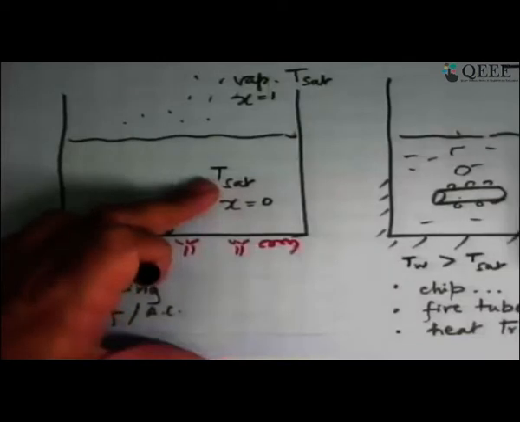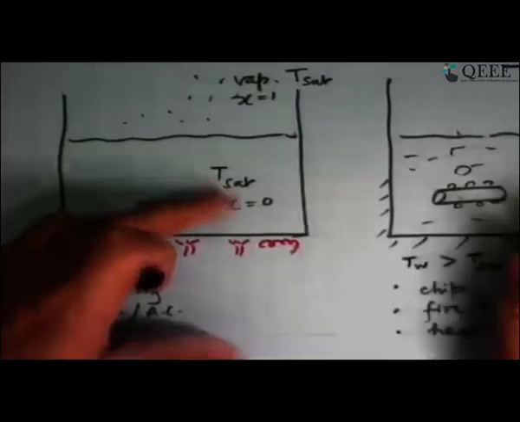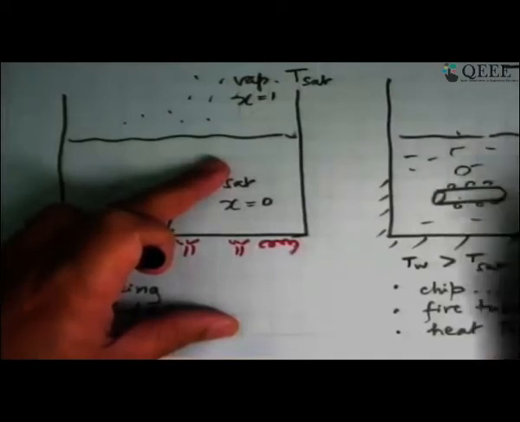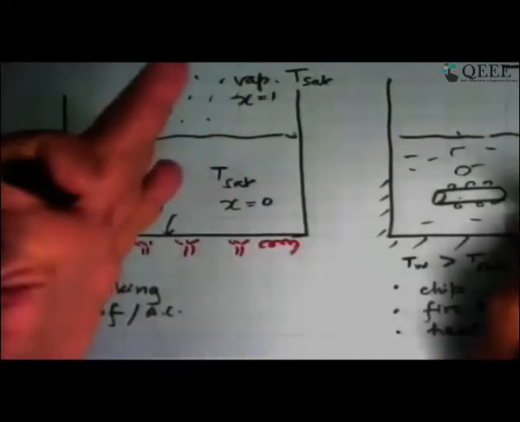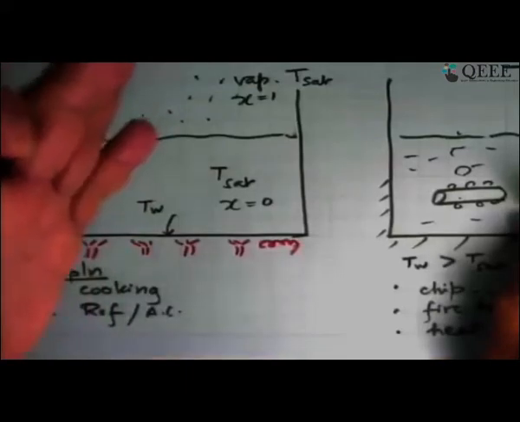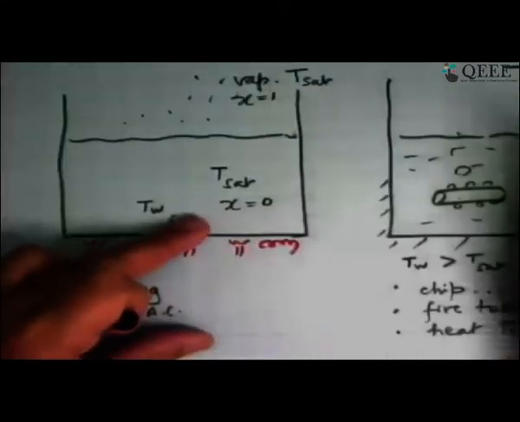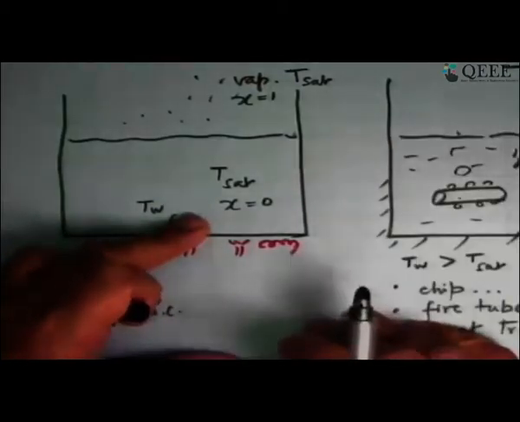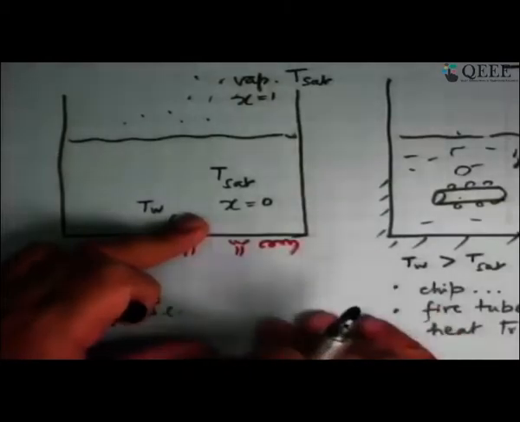And the other extreme could be that we just have a flat plate, a vertical plate or maybe a horizontal plate, which is initially at a very high temperature or is heated electrically, and then we ask what happens at its surface. This is where bubbling will again take place, and this is what we call the external natural convection case.